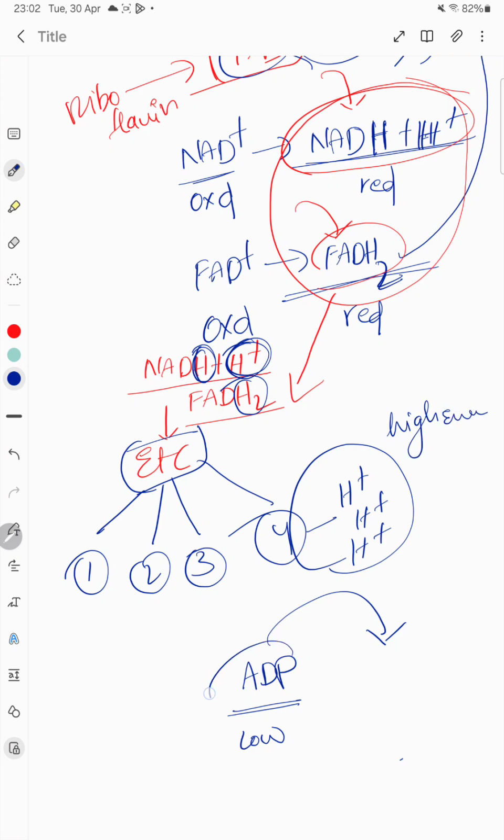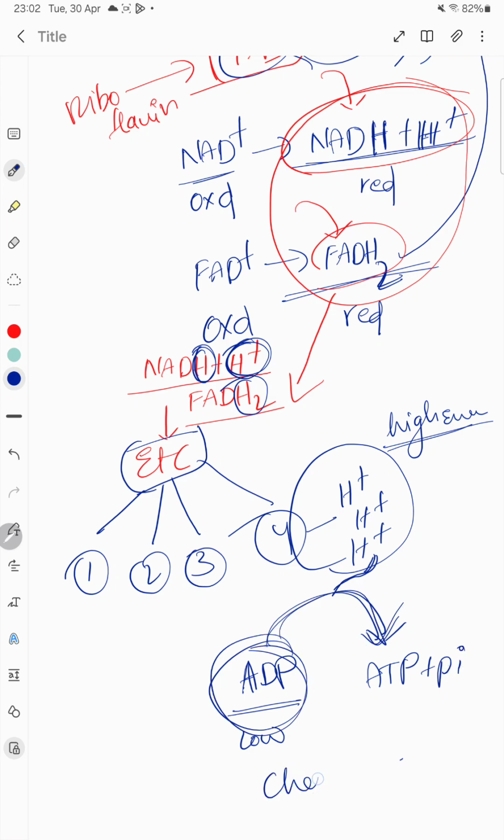Whenever you have low energy and there is already a high energy, this low energy gets a chance to grab the high energy and converts the low energy into high energy called ATP.